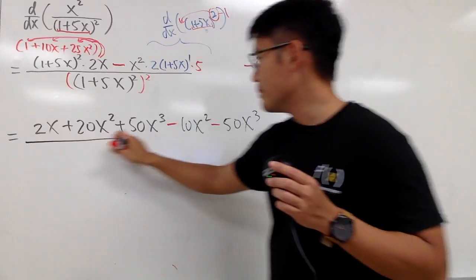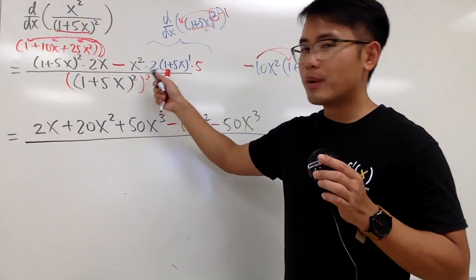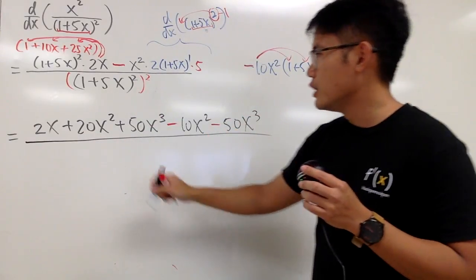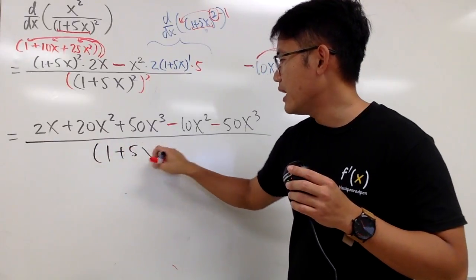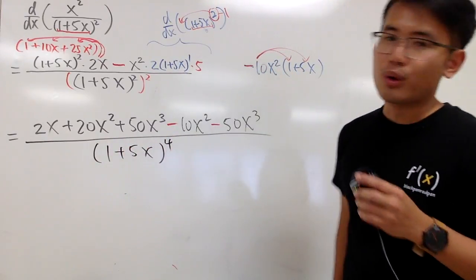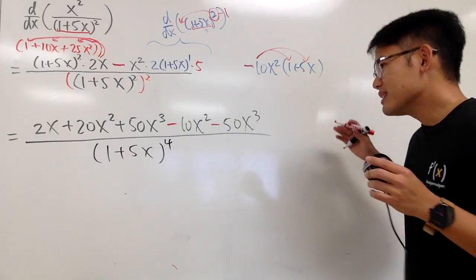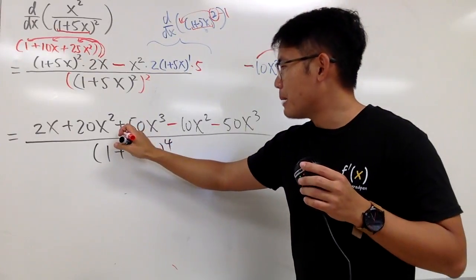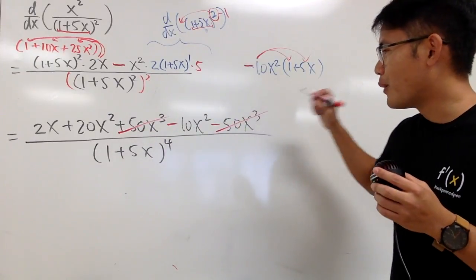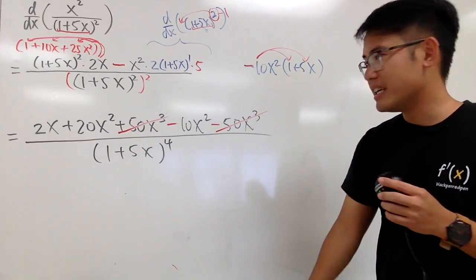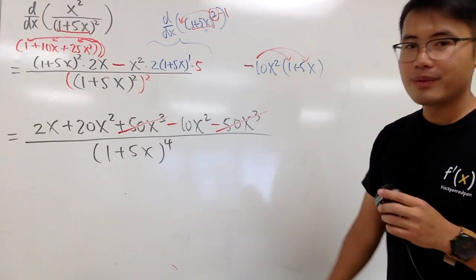Anyway, on the denominator, second power, you multiply the powers, you get to the fourth power. I will write down 1 plus 5x to the fourth power. On the top, positive 50x to the third power and minus 50x to the third power cancel each other out nicely. And then what else can we do?